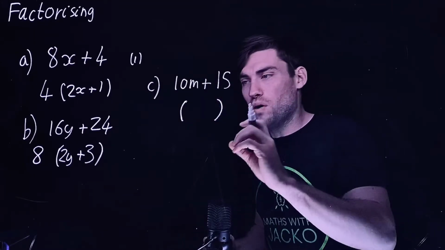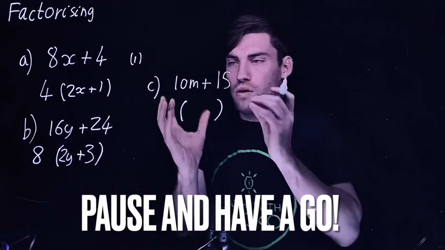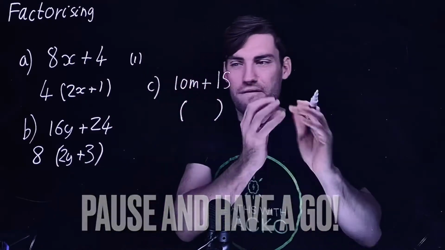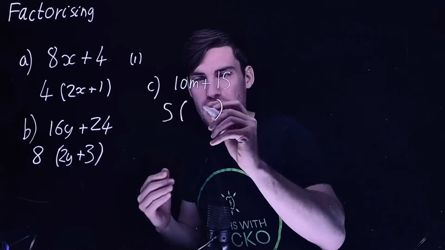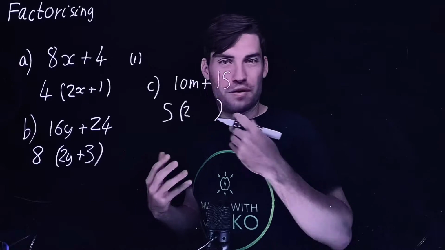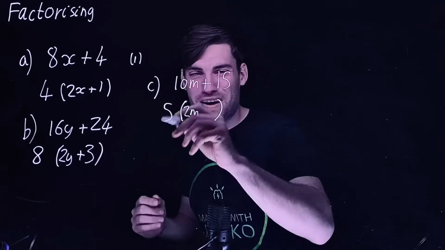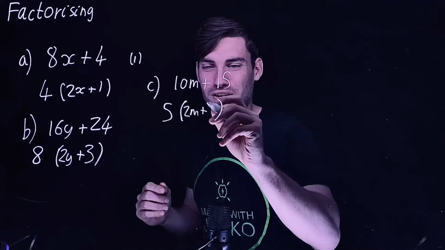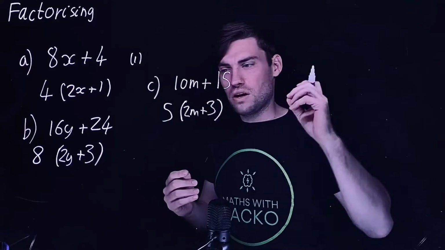Pause the video, have a go at that. Now, what's the biggest number that goes into 10 and 15? That is 5. How many 5s go into 10? It is 2, and then there's the m. How many 5s into 15? Plus 3. And that's it.